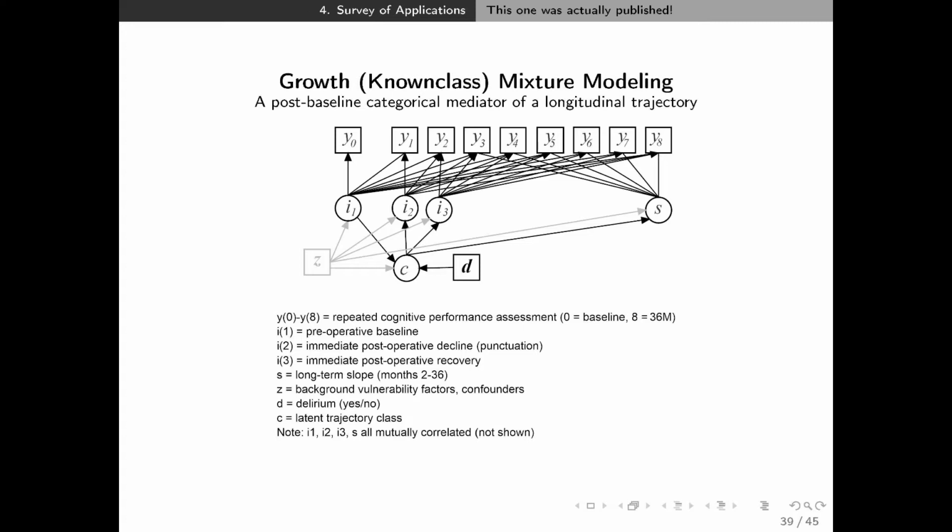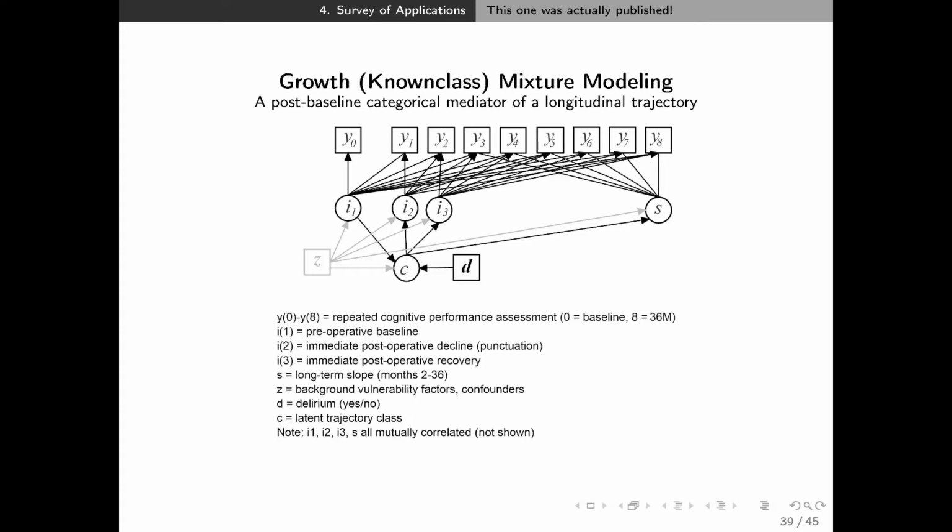But it's known class, which means we know who's in the class, but we're still using the mixture machinery in Mplus. I don't think you can do that with SAS PROC MIXED, but I bet Danielle Harvey could do it. But she's not here.